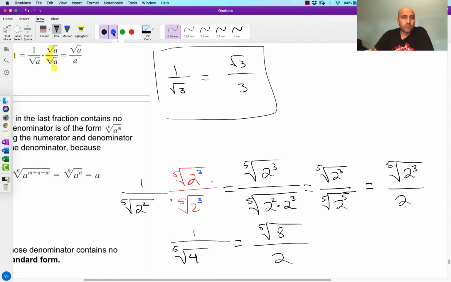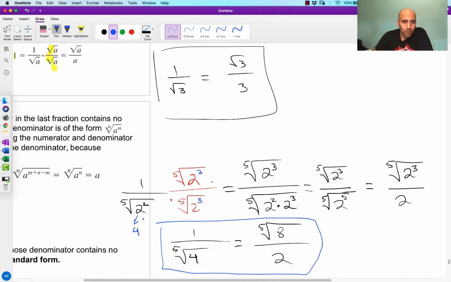Right? That's what we want to be able to state. And in case I confused you a little, that's because this is a 4, 2 to the 4, and that's where this comes in. And this is an 8. That's the 5th root of 8.